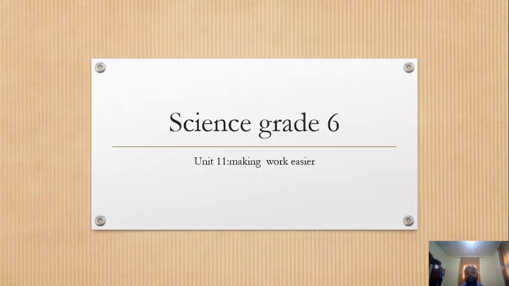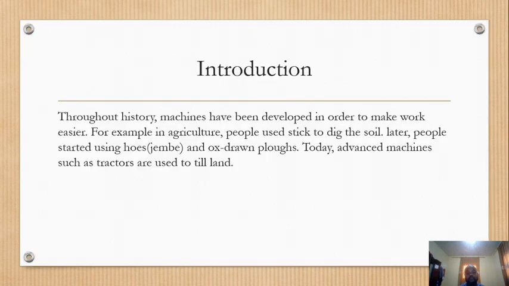So it's about making work easier, right? So what do we do to make work easier? There's a bit of introduction. Throughout history, machines have been developed in order to make work easier. For example, in agriculture, early in the development of agriculture, people used sticks to dig the soil.